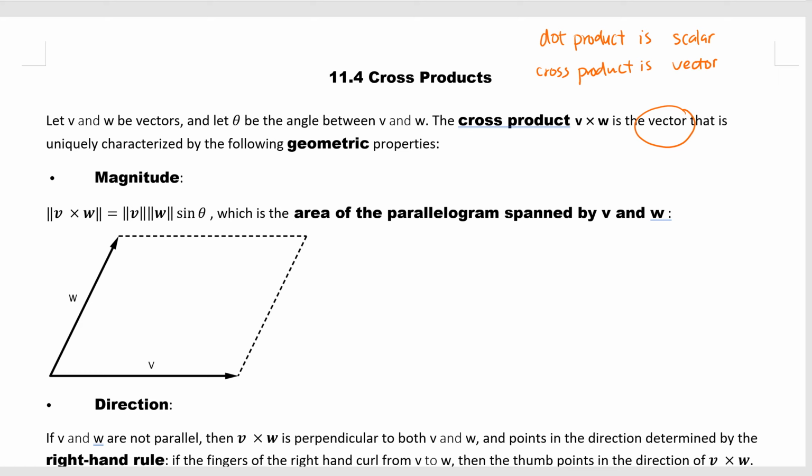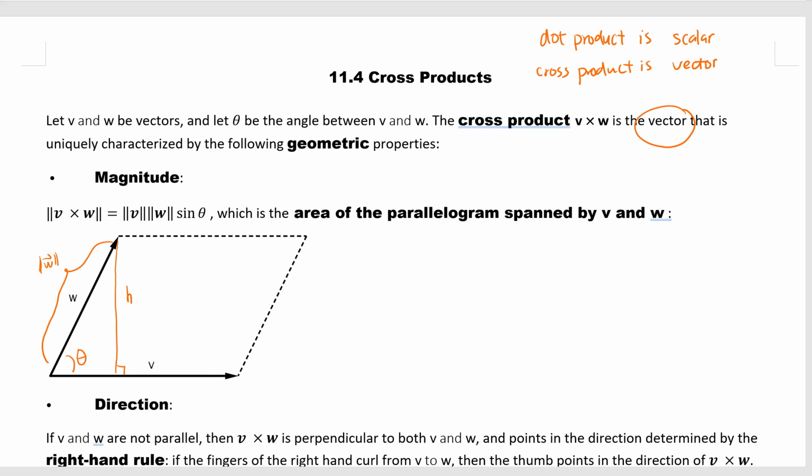So what does that mean? Okay, so let this be theta. And let's build this right angle triangle by drawing a line that's perpendicular to the vector V. So we know this side is the length of W. And then this side, let's call it H. H is the opposite side of the right angle triangle, right?